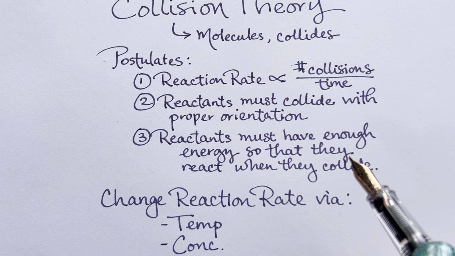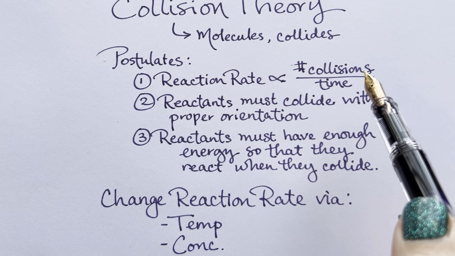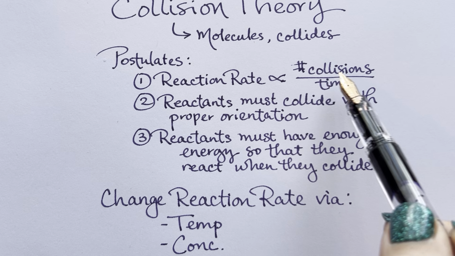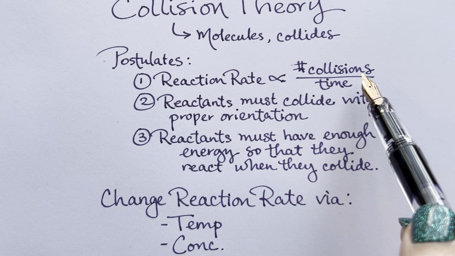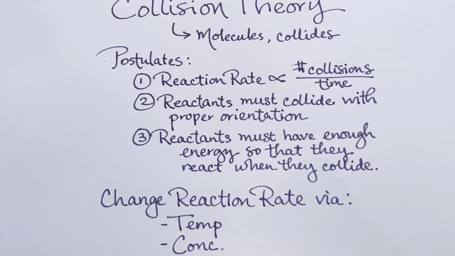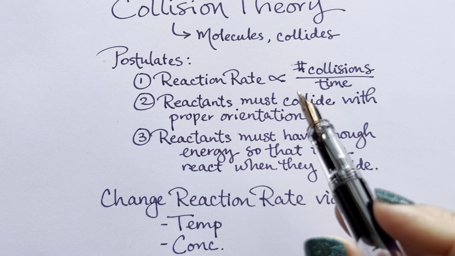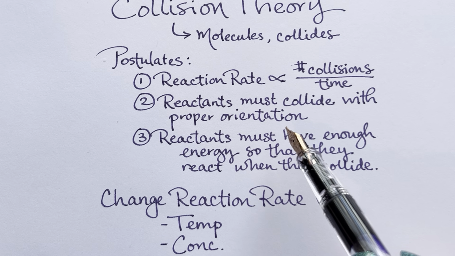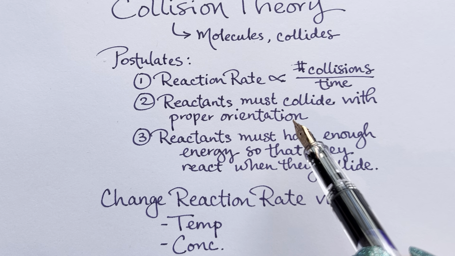Okay, concentration. If you have a higher concentration of molecules, then you'll increase the chance of collisions, right? Also, a catalyst can sometimes help with having the molecules be in the proper orientation.